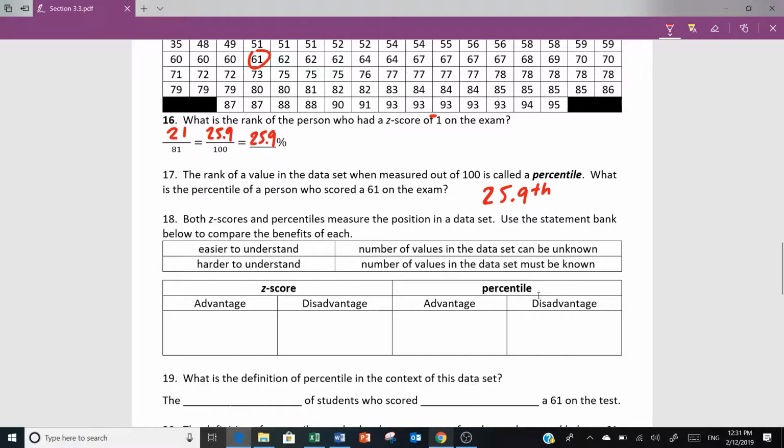Okay, both percentiles and z-scores tell you the position in a data set. I want everyone to move each of these boxes to advantages and disadvantages. What's the advantage?